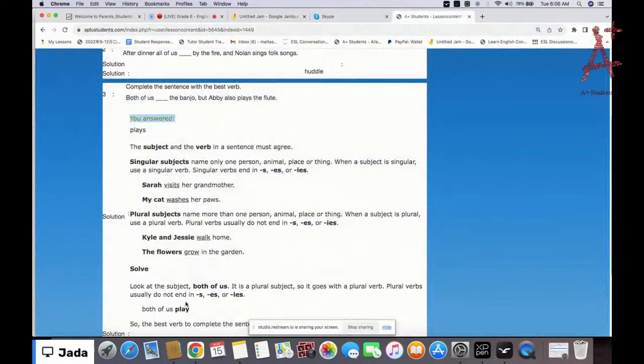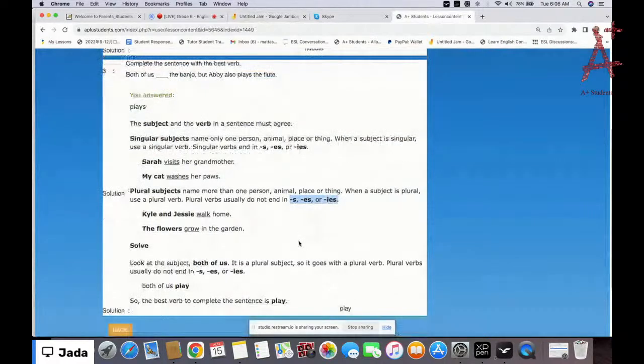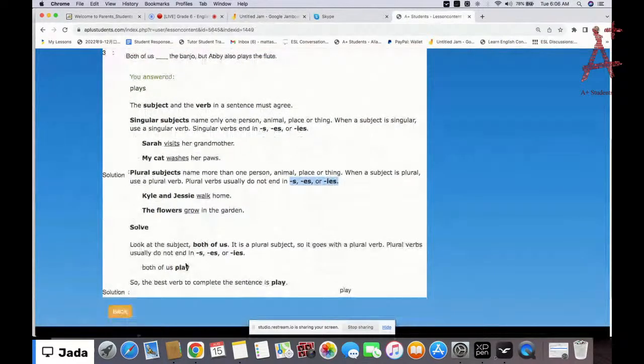Remember that plural verbs do not end in s, es, or ies. It says here, both of us play the banjo, but Abby also plays the flute. So that's the answer.